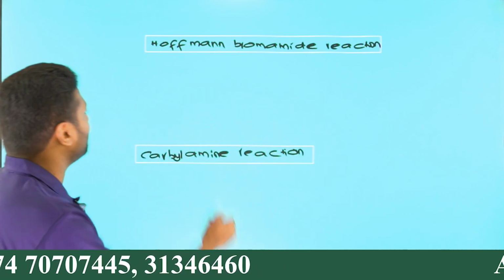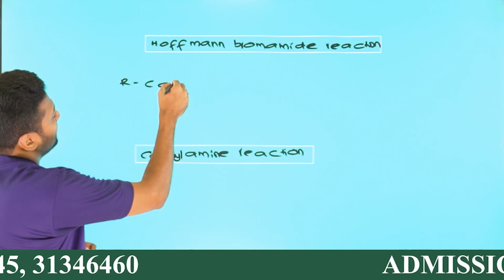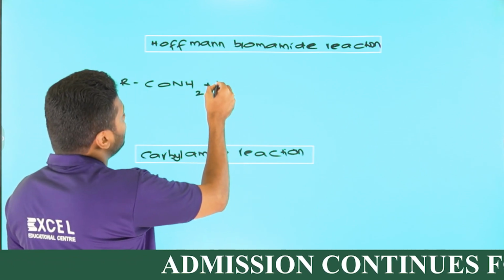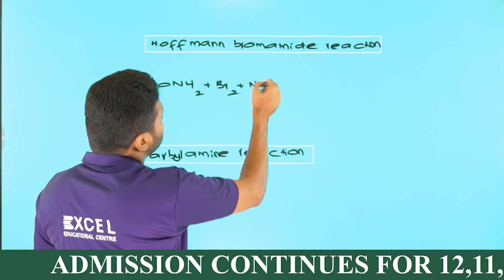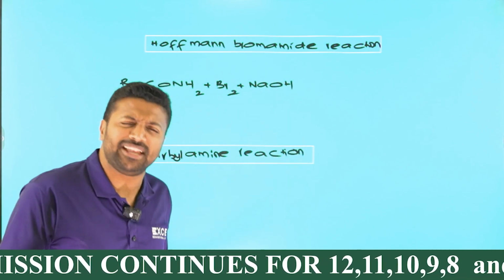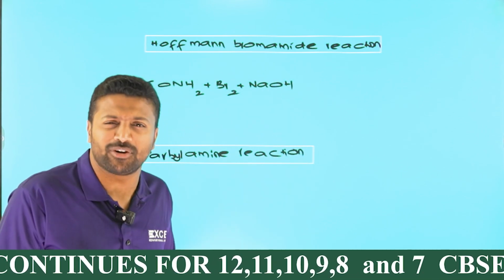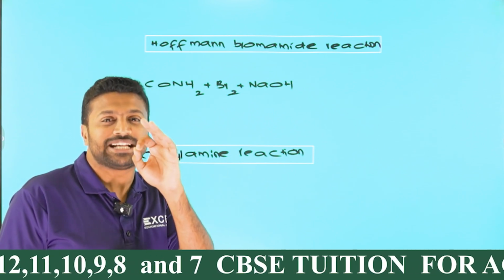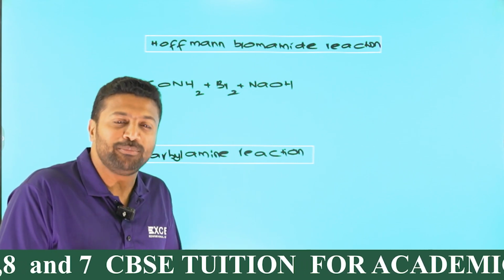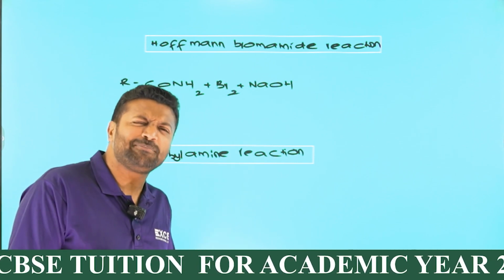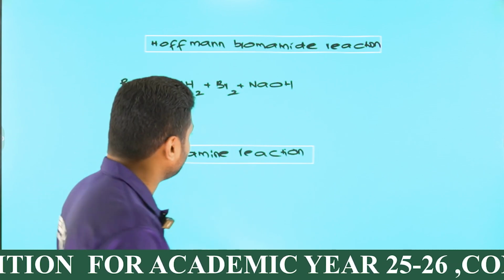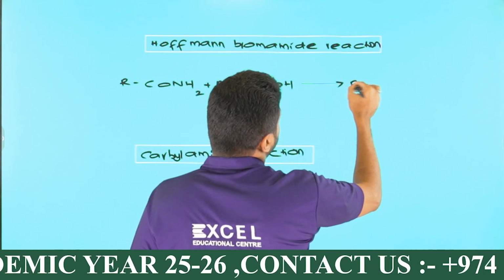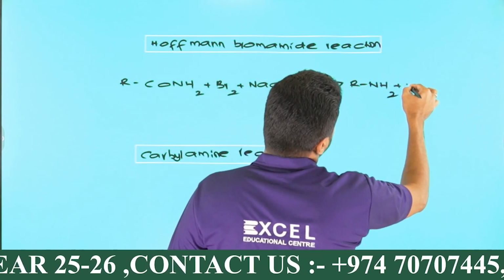RCONH2, called acid amide, when passed over bromine in presence of NaOH, same as bromine in presence of KOH, which may be called NaOBr or KOBr, results in the formation of RNH2, called primary amine.